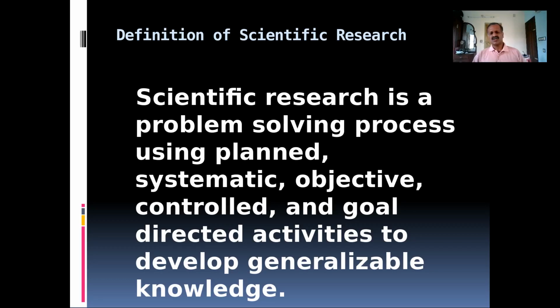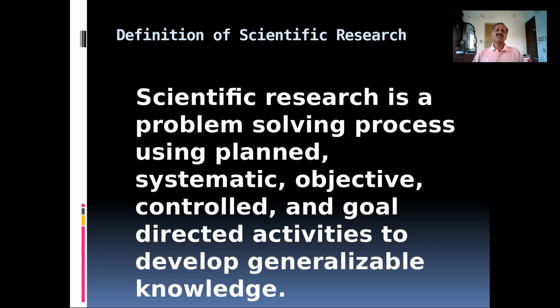You have to go systematically from one step to another step, and at every step you have to confirm, consult, and discuss, and then finalize without any doubt or problem before going to the next step. So you have to plan properly. It is systematic, and it should be objective also. Objective means whoever reads this, there should not be any confusion.